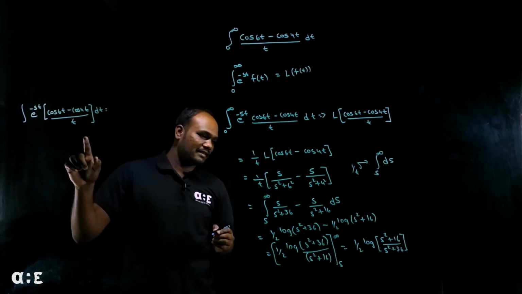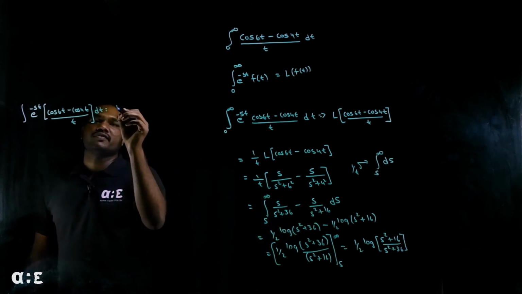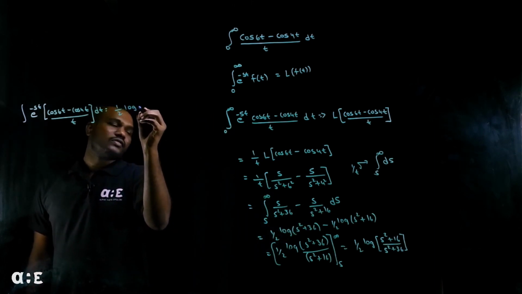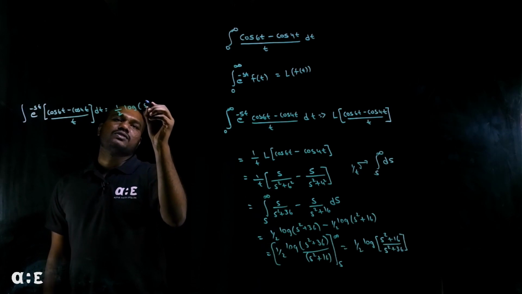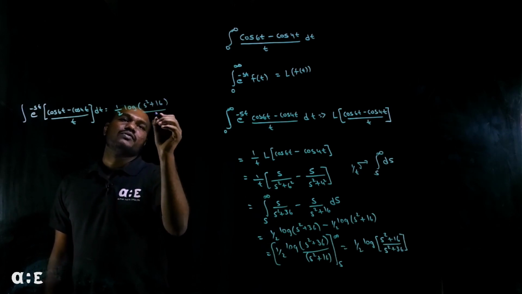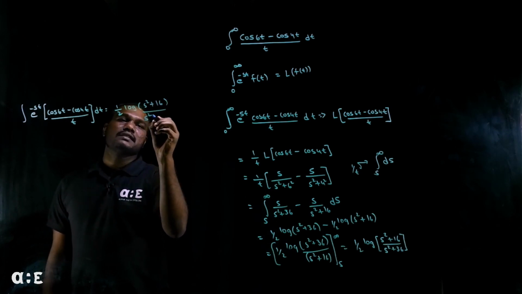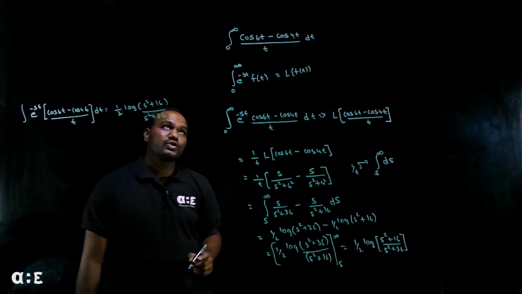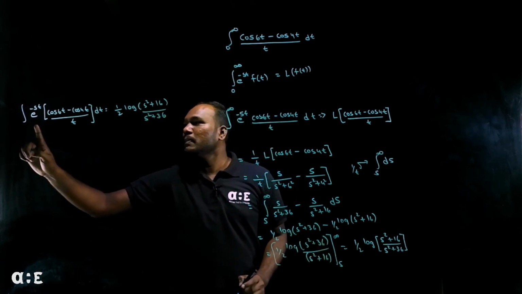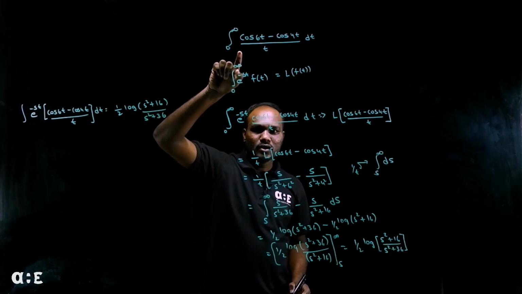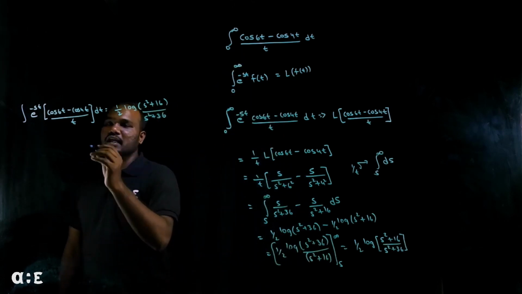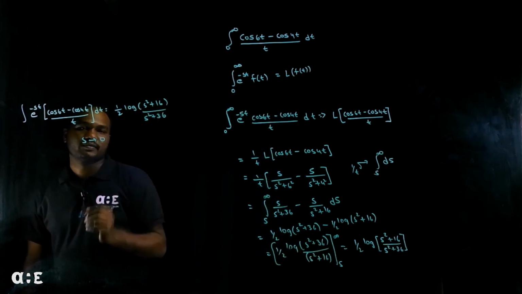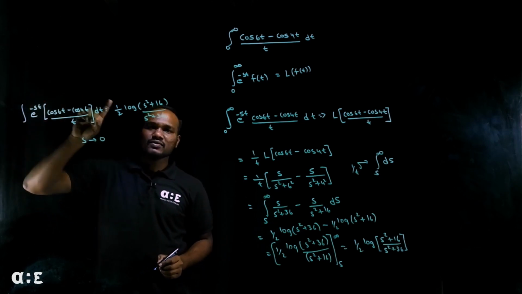For this we got half times log of s square plus 16 over s square plus 36. But the question has no e power minus st in it. So what can we do? In place of s we'll substitute 0.